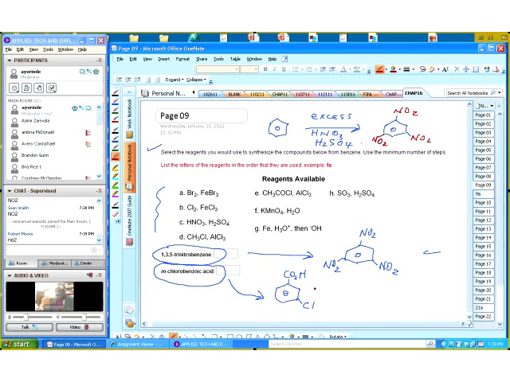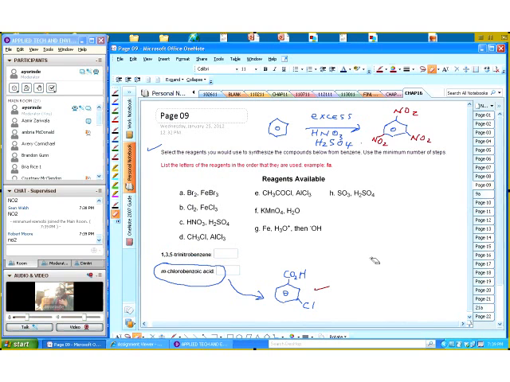Now, how about this one here? How do we go about making this? We need to do a little bit of analysis here before we can do that. The question that I have for you is we have to make m-chlorobenzoic acid.